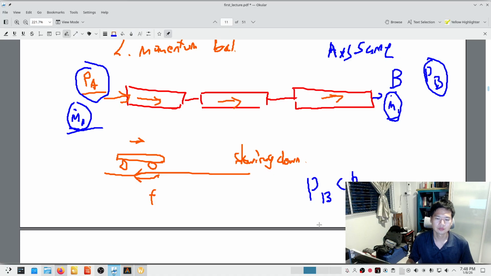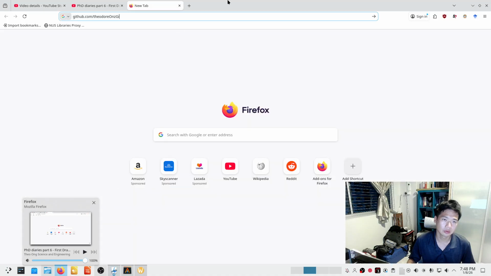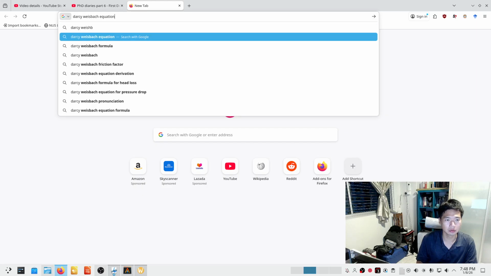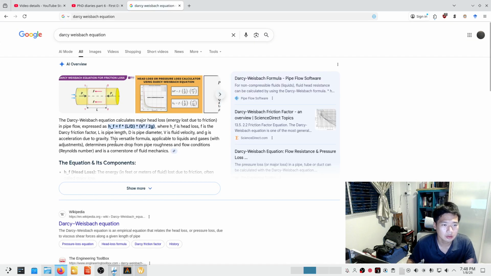And you can find lots of these online through what you call the Darcy-Weisbach equation. So what I just described to you is what we call head loss, energy loss due to friction in a pipe flow.